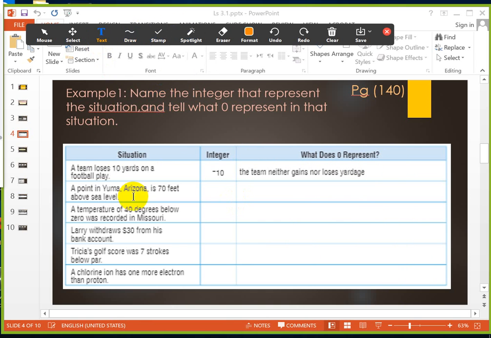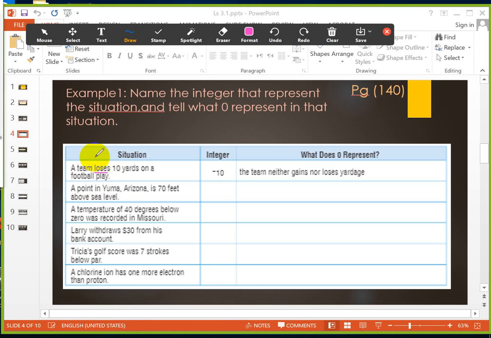So let's start. The first exercise: a team loses 10 yards in a football play. Loses, what does that mean? If I told you I lose, is this positive or negative? It means I take a point or I lose a point. This means a negative. Why is this a negative integer?